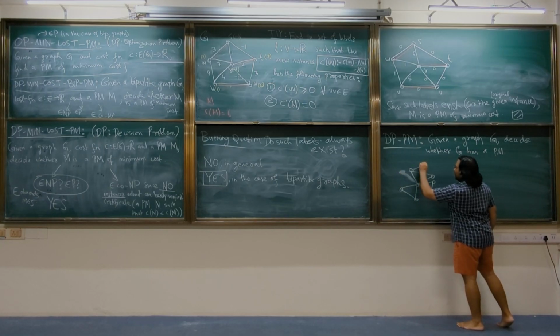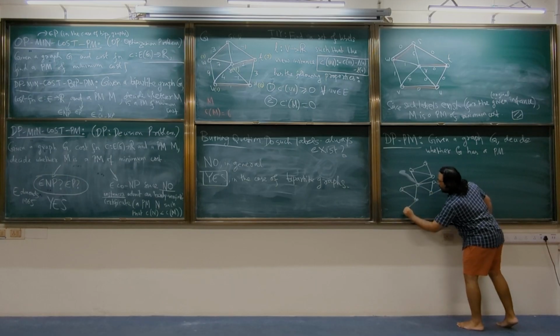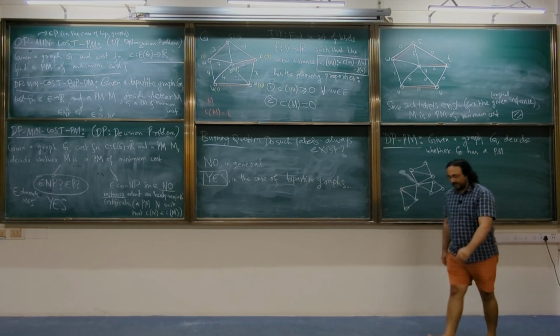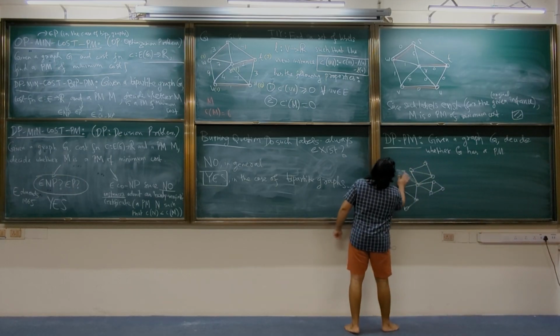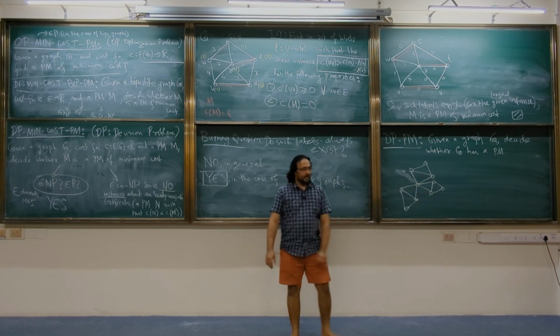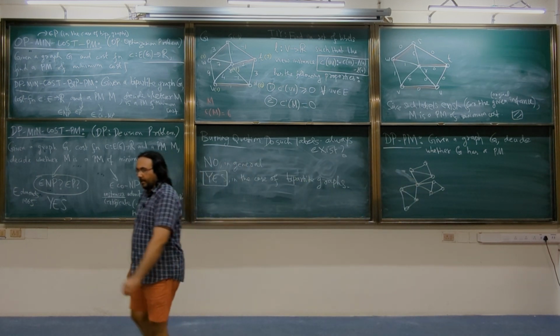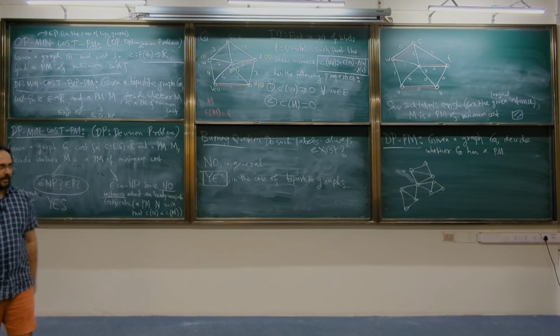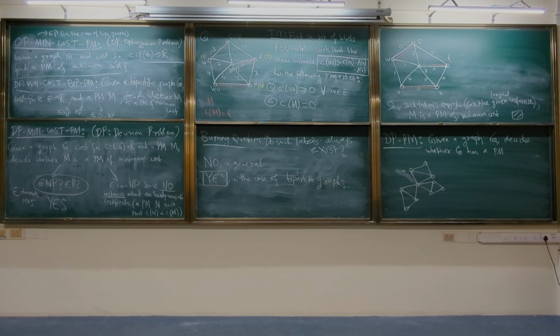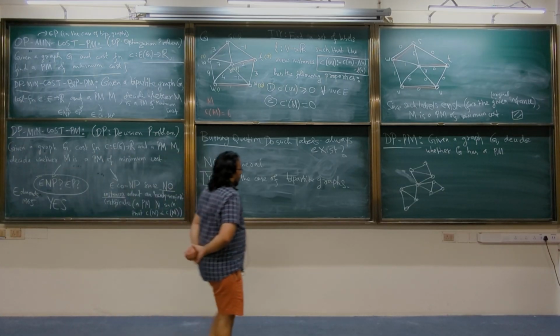No, it still does. Okay, now it doesn't have a perfect matching. Can anybody find a perfect matching as well? I don't think there is one, but I did not check carefully. If you find one, let me know.